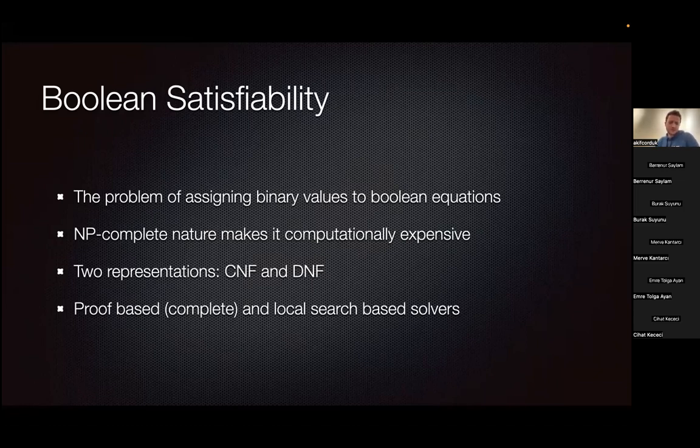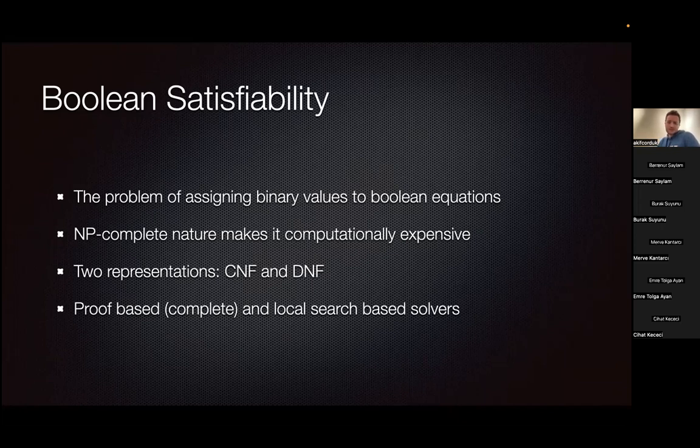That's why it's a widely studied area, and lately with the increased computation power, it is studied even more. It's an NP-complete problem, so the search space and the amount of combinations are exponential, so it is extremely computationally expensive to find solutions to Boolean satisfiability problems.